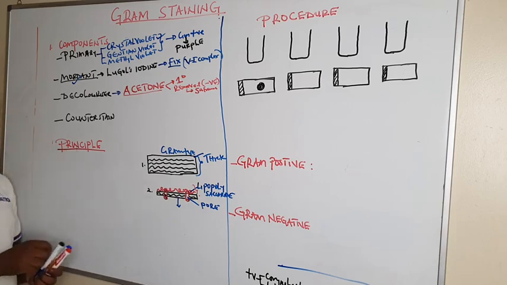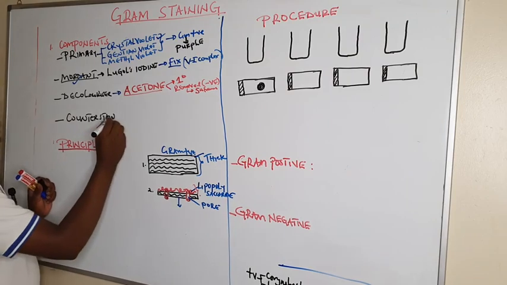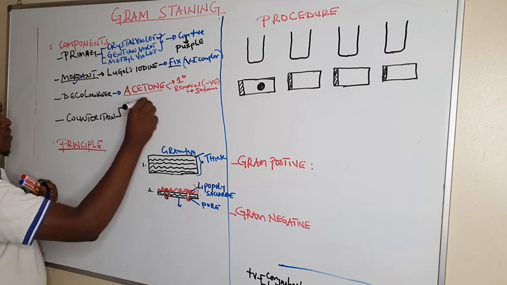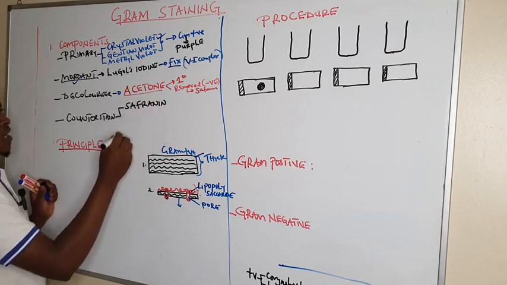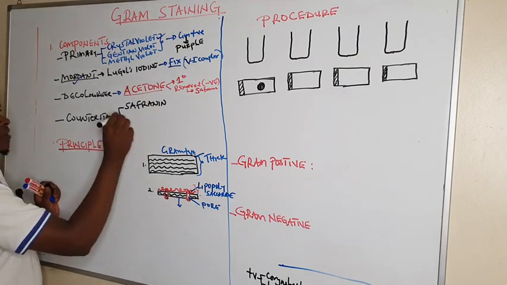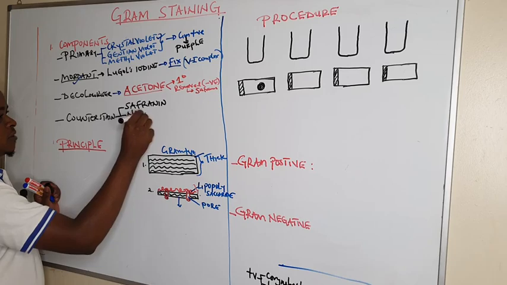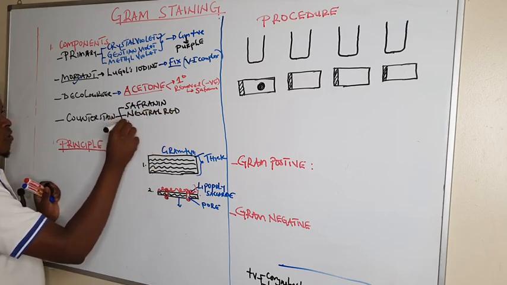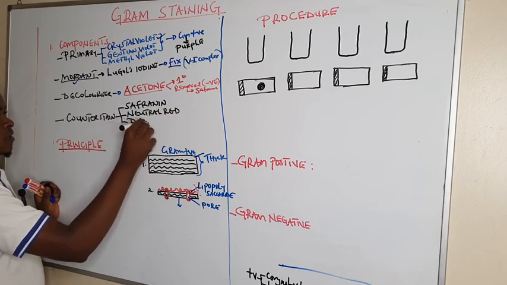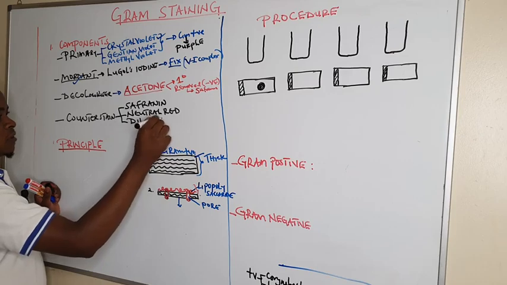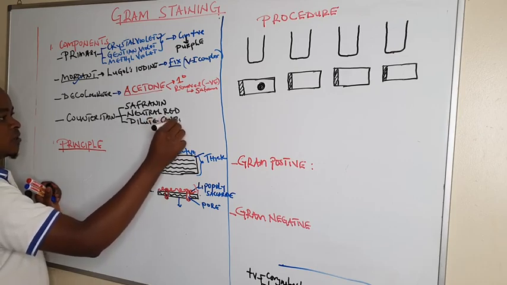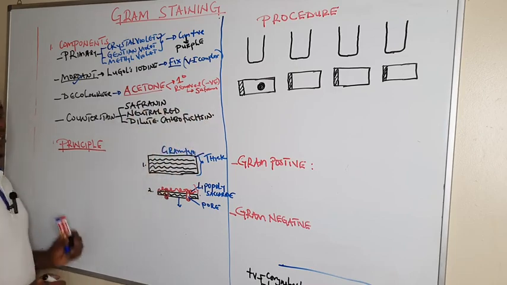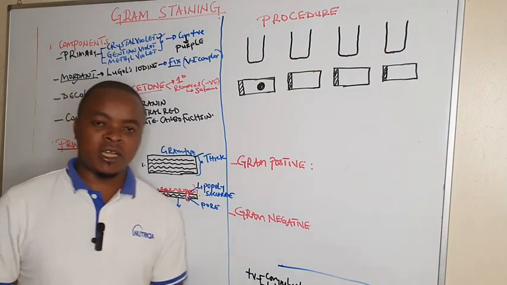Then the counter stain used in gram, the one of choice is safranin. Safranin can be used, but if you don't have safranin, you can use neutral red or dilute carbolfuchsin. So these are the three counter stains which we can use.